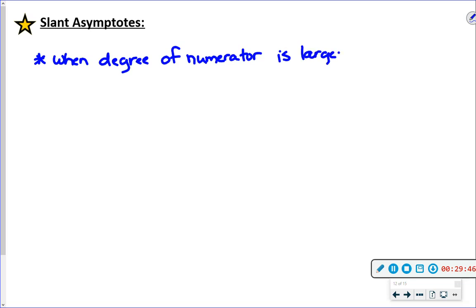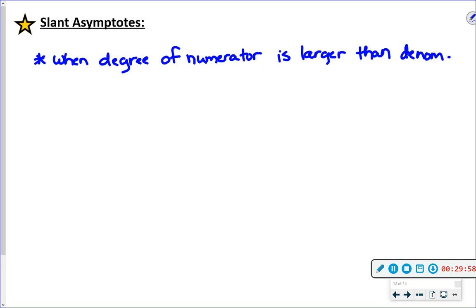It happens when the degree of numerator is larger than the denominator. So the degree of the top's bigger than the bottom, basically is what that's boiling down to.